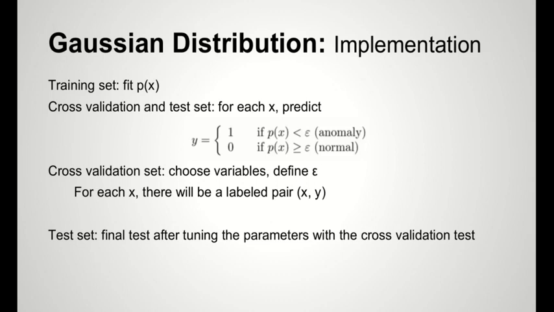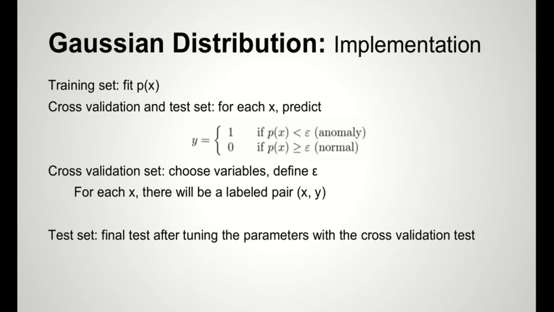So for the training set, which we'll use to fit the model of the probability of it being not anomalous, we want to have only normal data with y equals to 0. So we take our whole sample and we assign randomly 60% of it for the training set, and the rest we divide between the cross validation set and the test set.